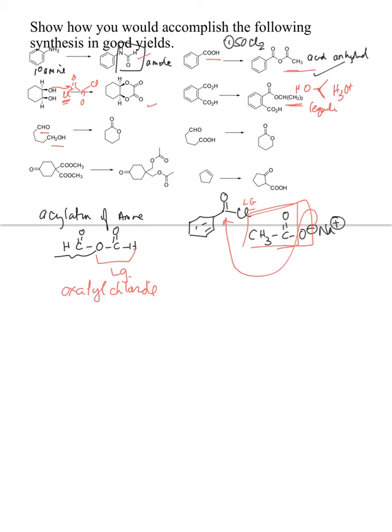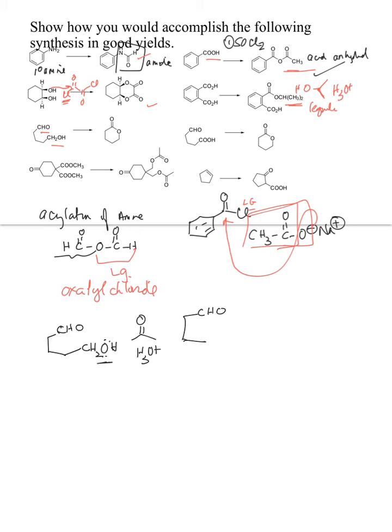So I would protect the alcohol first by putting a large amount of this acid, and that might not be an ideal synthesis. So what would happen here is that would protect this alcohol.